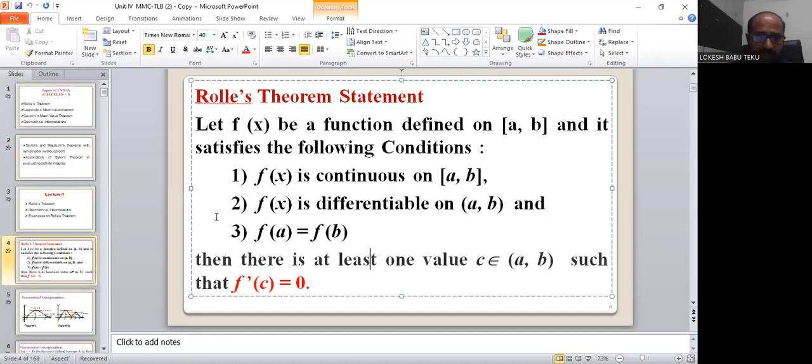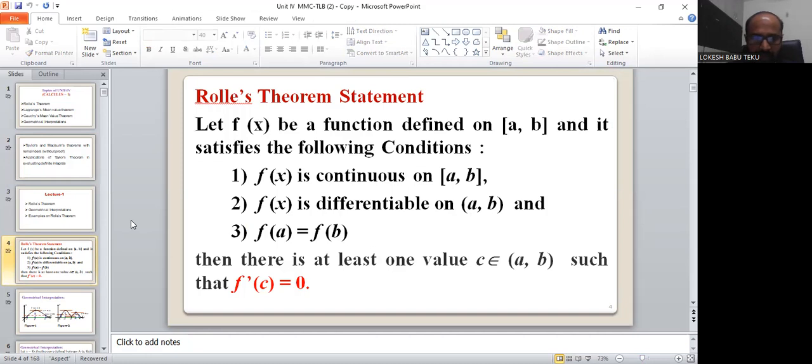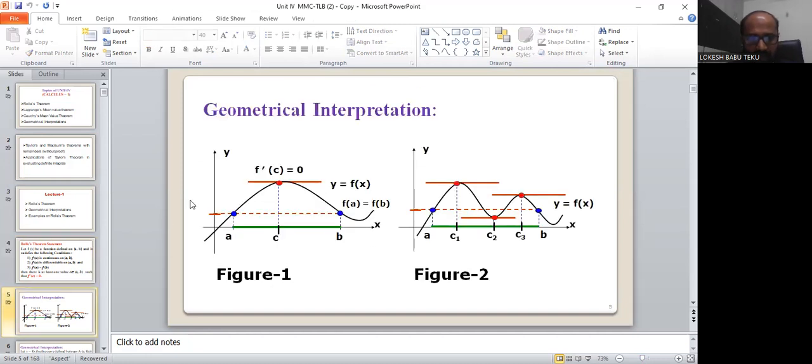See, let us see here. This is the x-axis and this is the y-axis, and this is the curve y equals f of x.